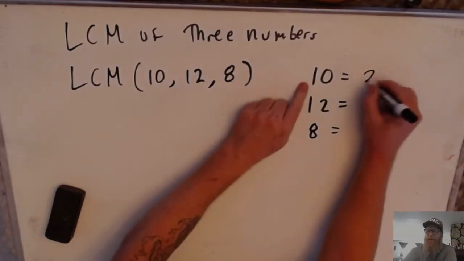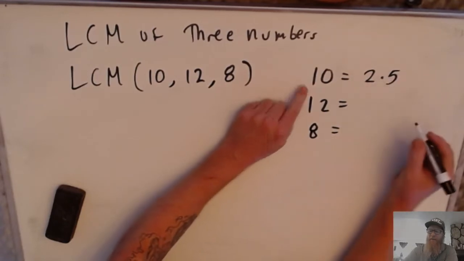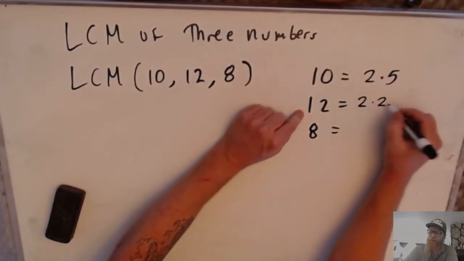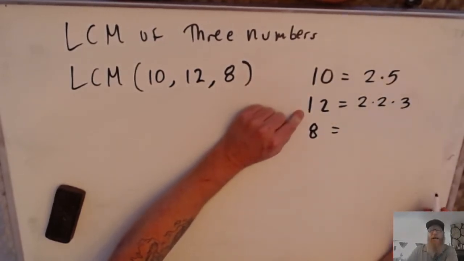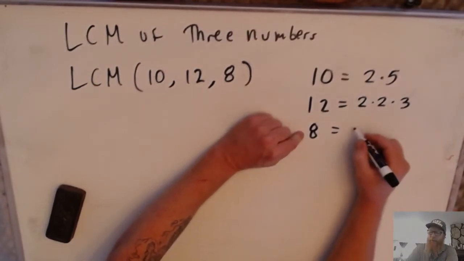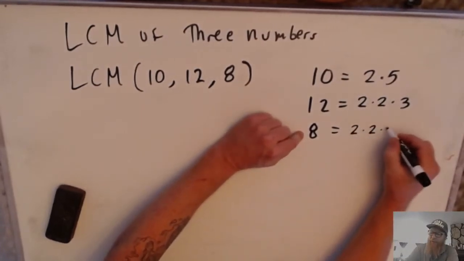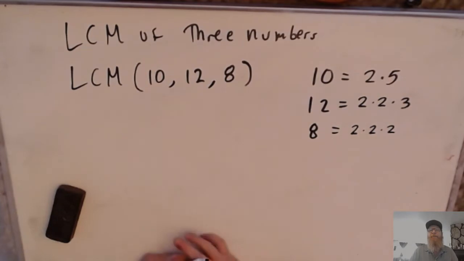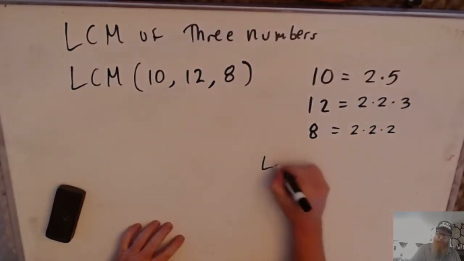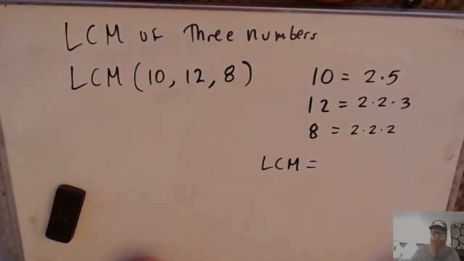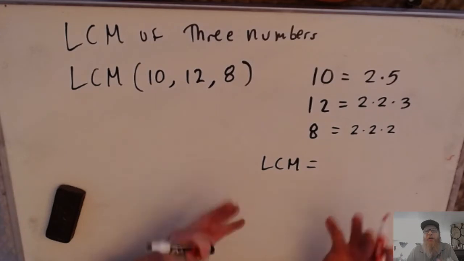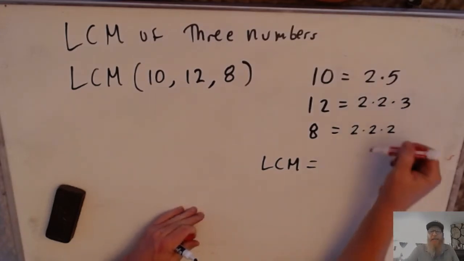All right, so again, we have 10, which is 2 times 5. We have 12, which is 2 times 2 times 3. And we have 8, which is 2 times 2 times 2. So the LCM, you want to take the largest number of factors that occur in any given number.